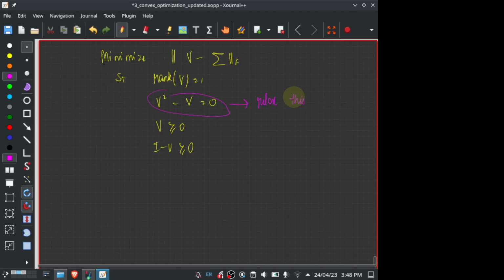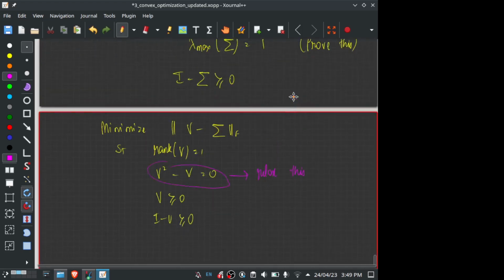I can take the optimization variable to be small v, but there's a reason I want to keep it in the matrix form, and that is because you can use the same form for the case where I want k principal components. Sure, but then I have the norm v constraint. The norm of v should be equal to 1. Yes. There's another reason why I want to keep the rank constraint.